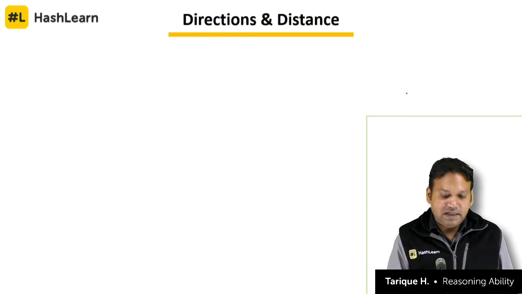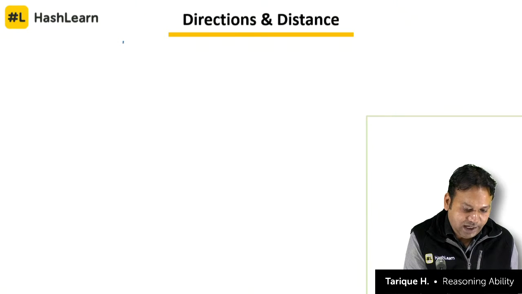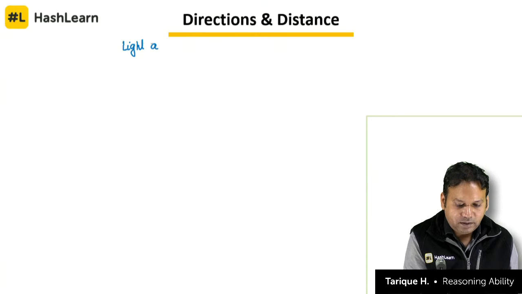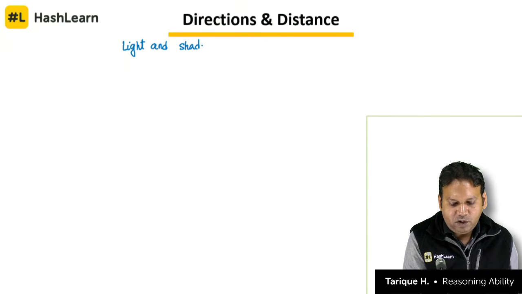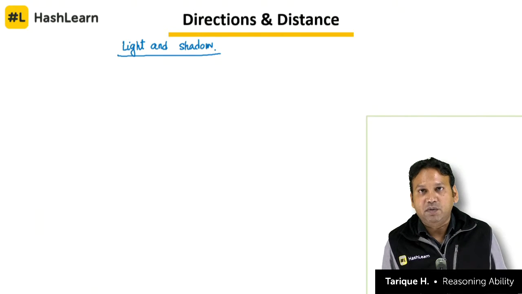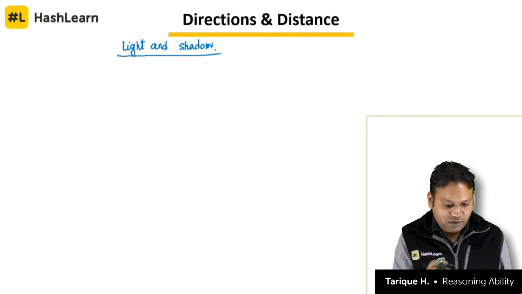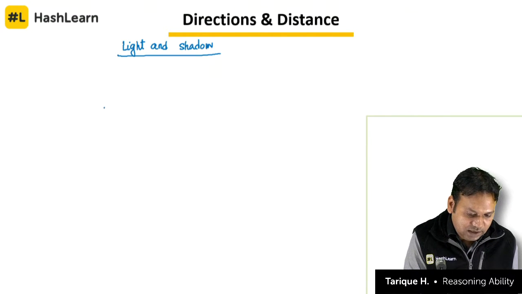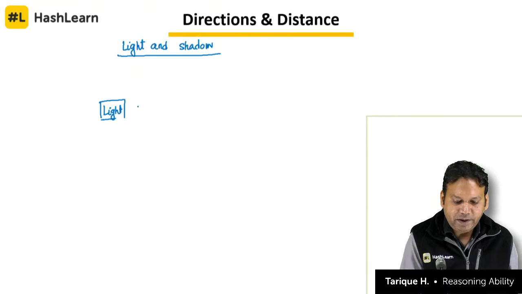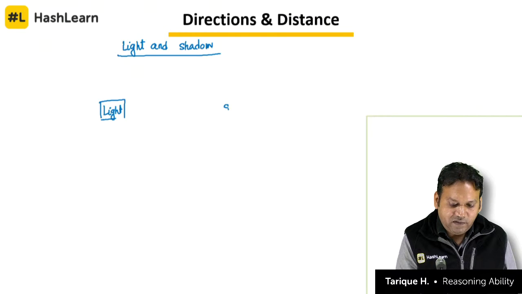The next concept from directions that we need to understand is the concept of light and shadow. So what do we know about the interplay between light and shadow? What is the relation between light and shadow? We say if light is coming from one direction, suppose this is the direction from which light is coming, then shadow will always be in the opposite direction.